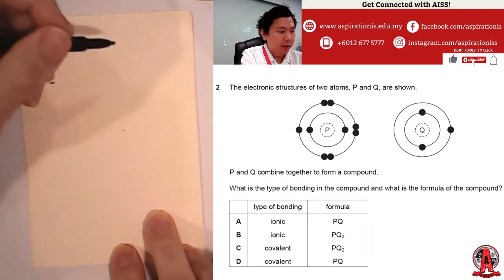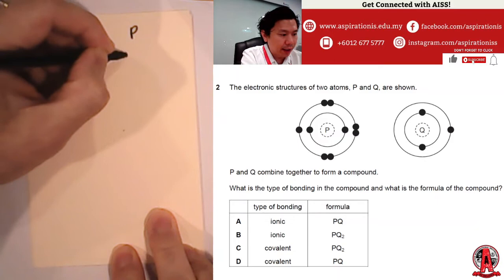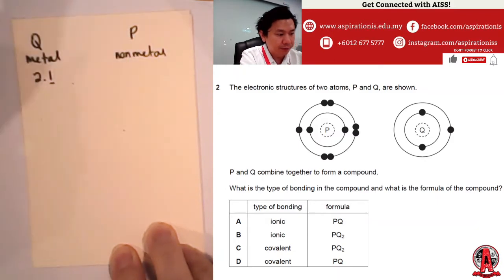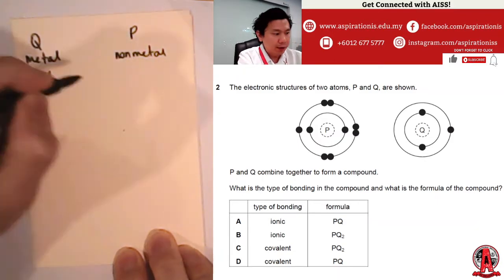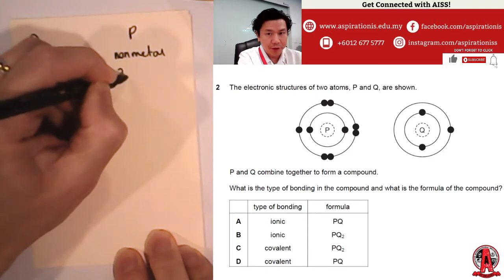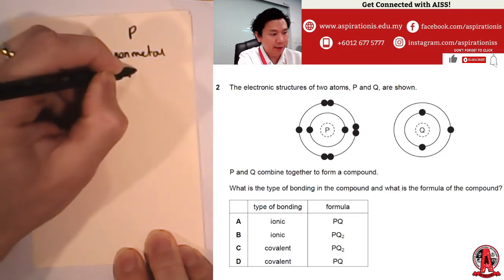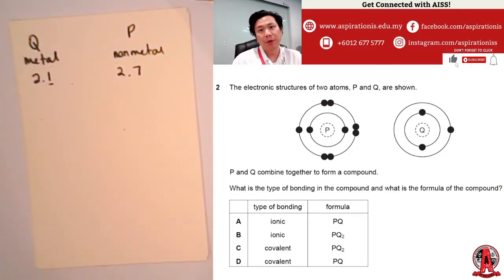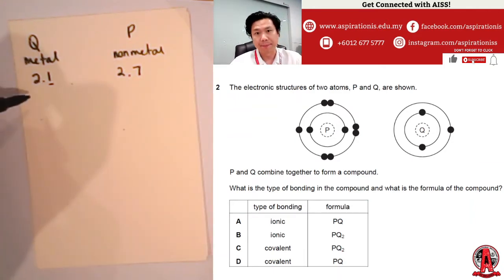And P is a non-metal because of the electronic configuration of 2.7. So we know that this is fluorine, and of course we know that this is lithium. So it's lithium fluoride. P and Q combine together to form a compound.